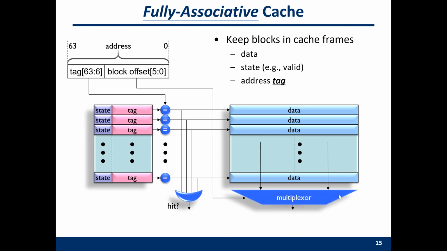If they are the same, okay, this is the line I'm looking for. Otherwise, this is not the line I'm looking for. So these bits will be stored in the tag arrays. And the data stored in this address will be stored in the data array. For example, this byte may be a 1.